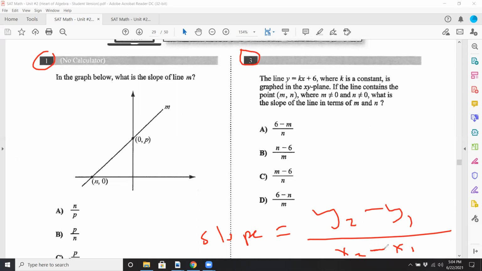It doesn't matter what order you do it in, but if you're going to subtract 0 minus b, you'd better do that consistently. Do not mix up the order. It's up to you how you subtract them, but you have to be consistent. For 3, I'm not going to give you a hint. I want to see if you can think that one through. I'll give you a couple of minutes.